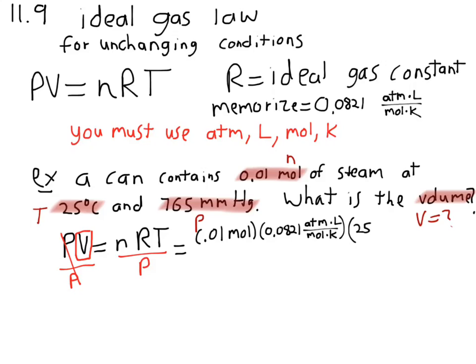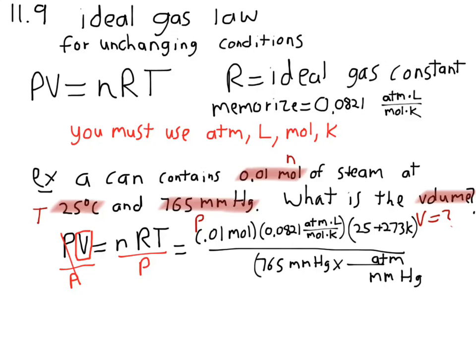You have to convert it to Kelvin, so we're going to add 273. And my pressure is 765 millimeters of mercury. I need to use atmospheres, so I will convert my units. I find the numbers that go with the pressure units on the back of the periodic table. Millimeters of mercury is 760, and atmospheres is 1.